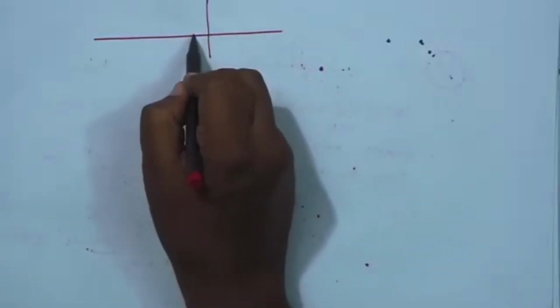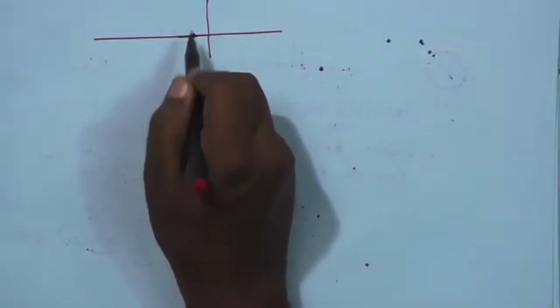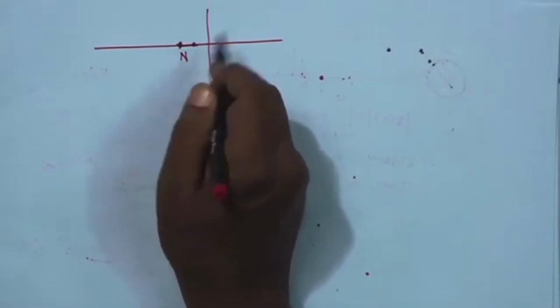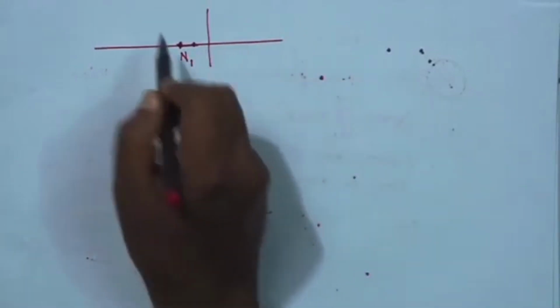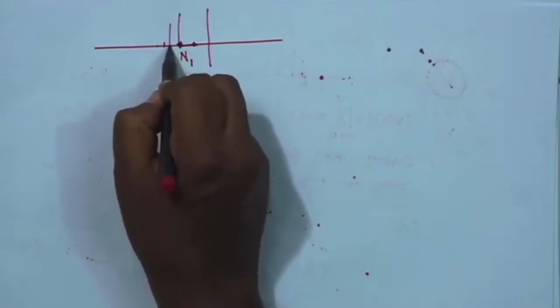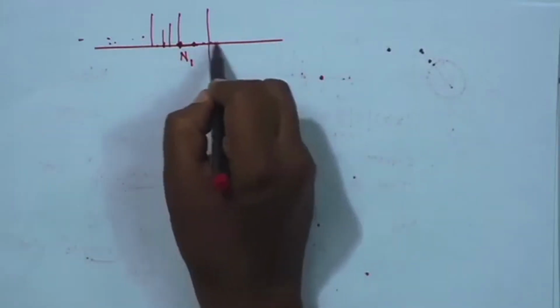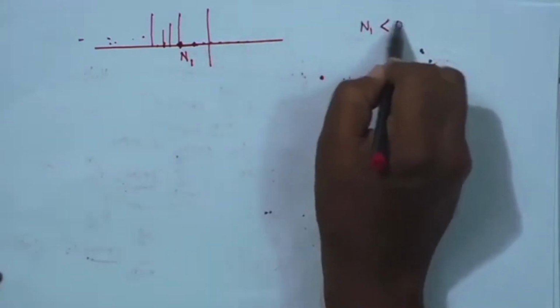In an absolutely similar manner, we can consider a left sided sequence. Suppose, to start with, I assume that I am starting at some index n 1, and then going up to infinity, and then all zeros, and suppose n 1 is less than 0.